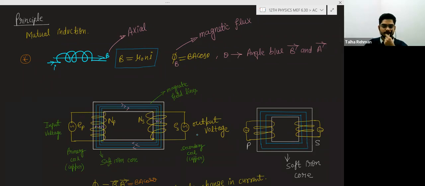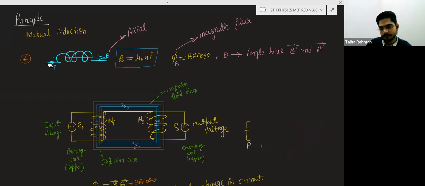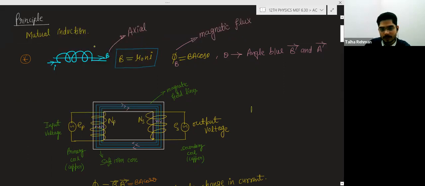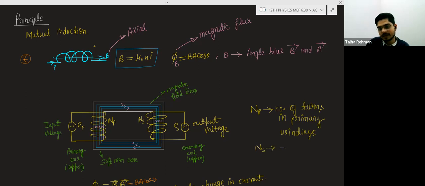Basically, NP is the number of turns in the primary winding, and you can write NS is the number of turns in the secondary winding.